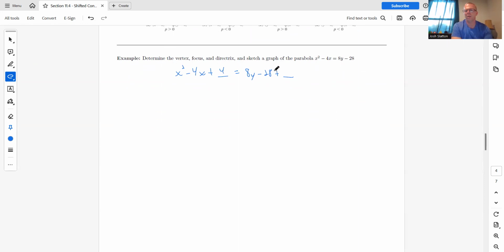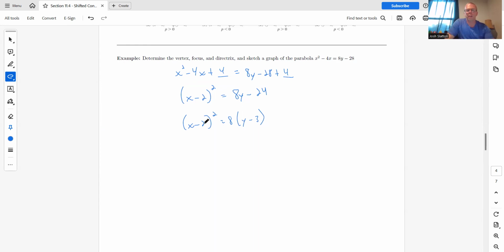So we have 4 there, so then we've got to add 4 on this side. So now we can factor this. That will factor into x minus 2 squared. We get 8y minus 24 on this side, and then we're going to factor out the 8. And we have 8 times y minus 3.